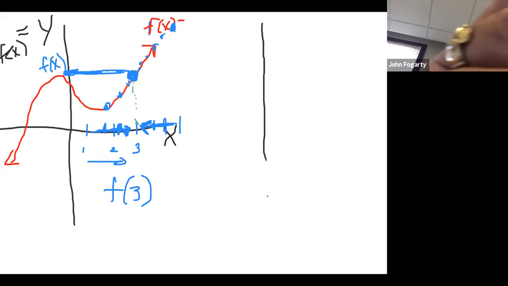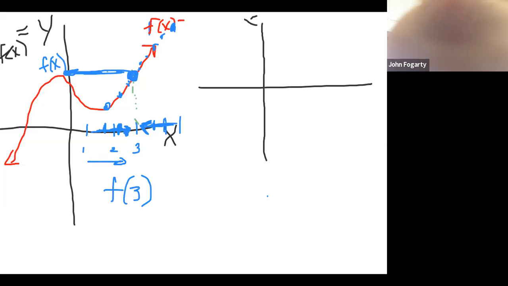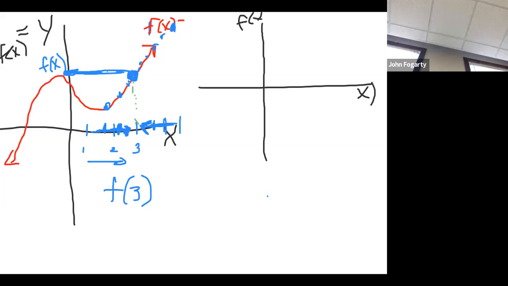Sometimes you end up with something that looks like this. Nope, my bad. This is f of x, and this is x. Sometimes you get a picture that might look like this.